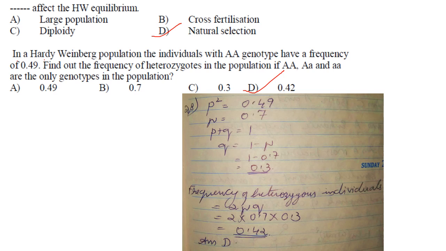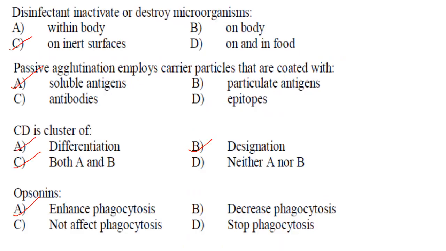So it is P square, which is 0.49, so P is 0.7. We know that P plus Q is equal to 1 as per Hardy-Weinberg equilibrium. Q is equal to 1 minus P, that will be 0.3. Then they have asked for the frequency of heterozygotes in the population. So it is 2PQ. So 2 into 0.7 into 0.3, that is 0.42. So the answer is option D.